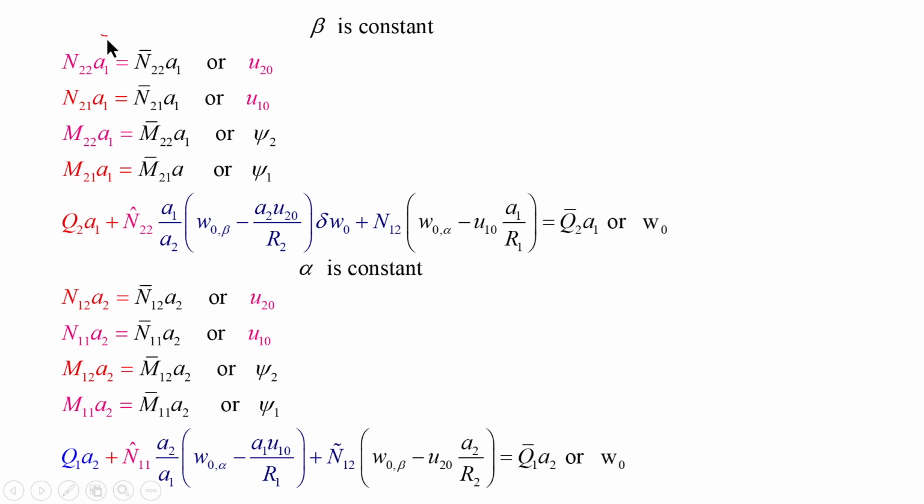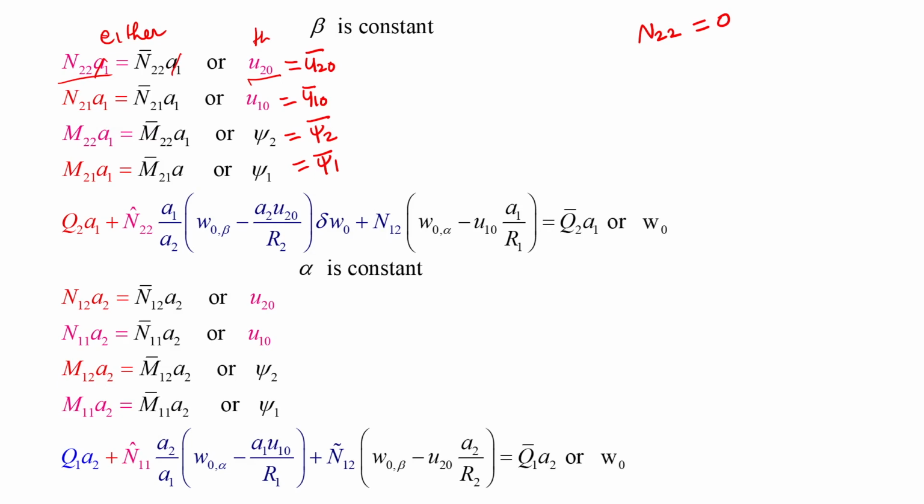either-or conditions are there, either this or this, either N2 times A1 or U to 0. Sometimes we can say prescribed. The very reason to write like this is that we are not saying that N2 is 0, no, we are saying A1 will get cancelled out from both sides.